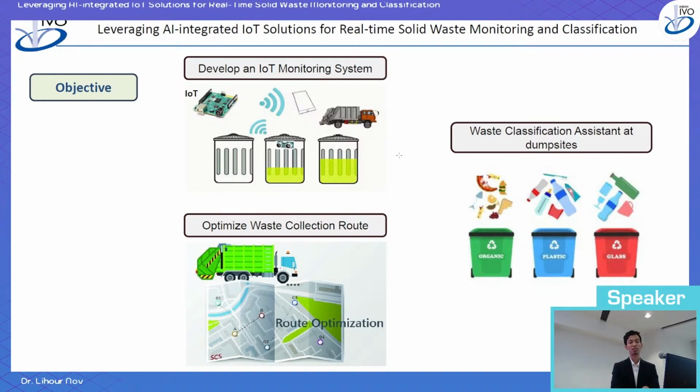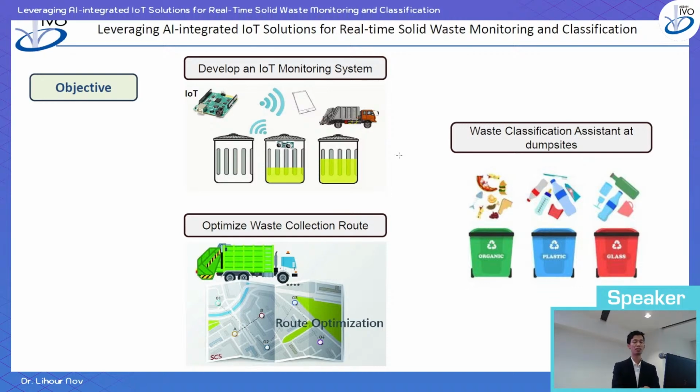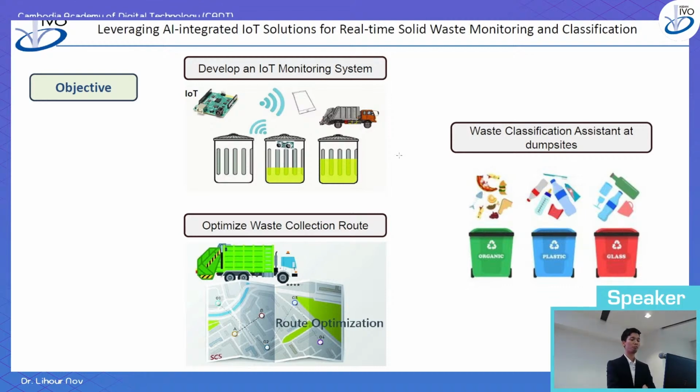So we want to have, maybe we call it, an AI-assisted solution that can classify several types of waste, but currently in this project we focus only on solid waste. So we may have several types of waste, such as plastic bottles, food waste, and some other items. These will be counted as recycled and non-recycled waste types.